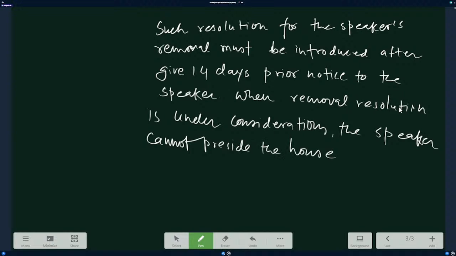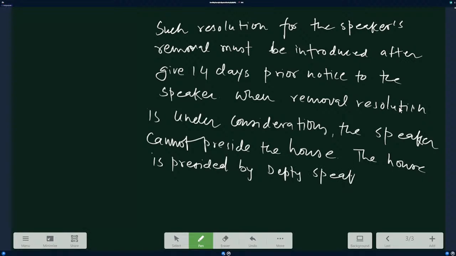So who presides over the house? The house is presided over by the deputy speaker.